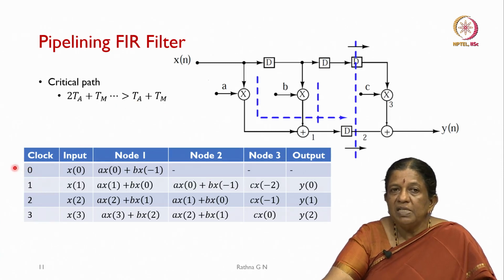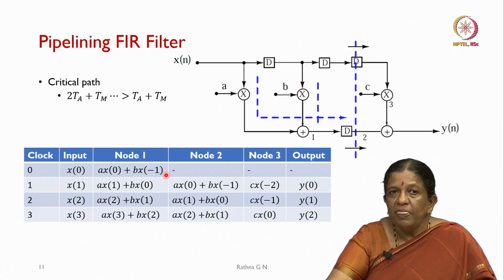So, we will see what the output will be. At 0, the input to this is x of 0, then node 1, what is going to happen in this clock cycle is it will be multiplying a into x of 0, and then it will take b into x of minus 1.